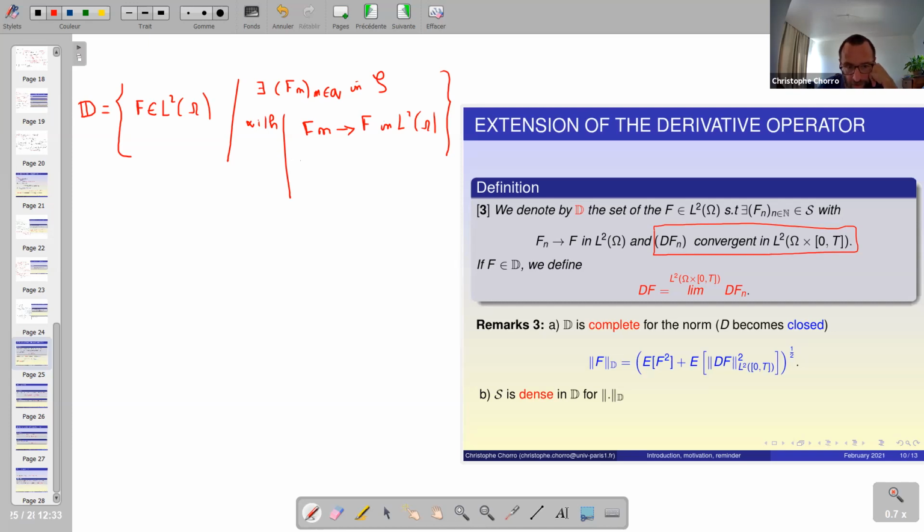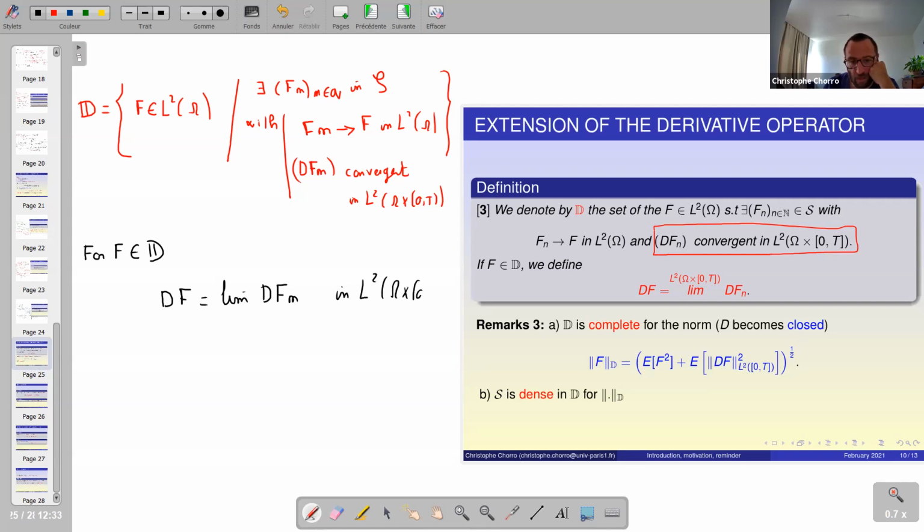But I add an extra condition, that D of Fn is convergent in L2 of omega times 0 capital T. And if I do this, I can define for F belonging to D, I define D of F as the limit of D of Fn that exists in L2 of omega times 0 capital T.